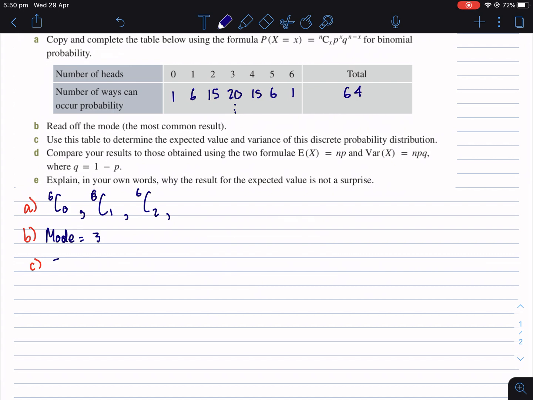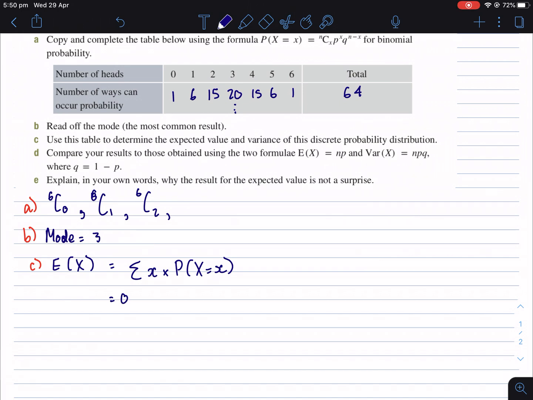Okay, so the expected value is the sum of x times p of x equals x. So essentially this is the sum of the number of heads times the probability that we're going to get that number of heads. We're going to add all these together.